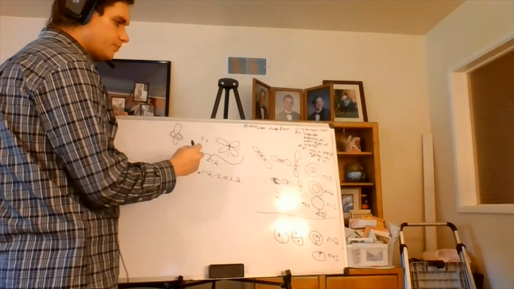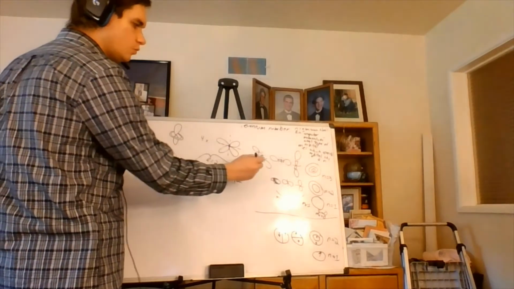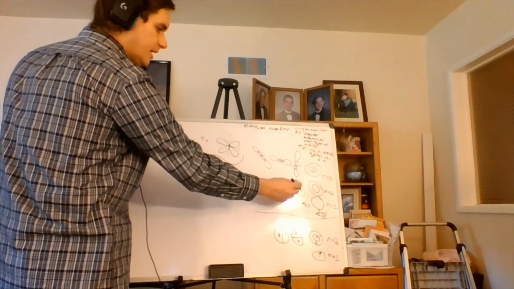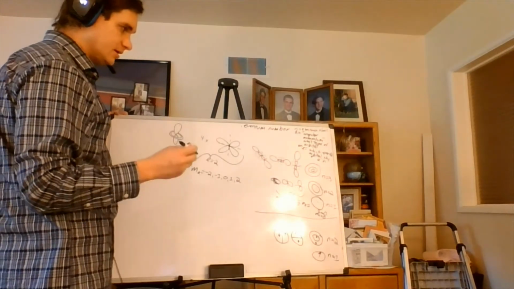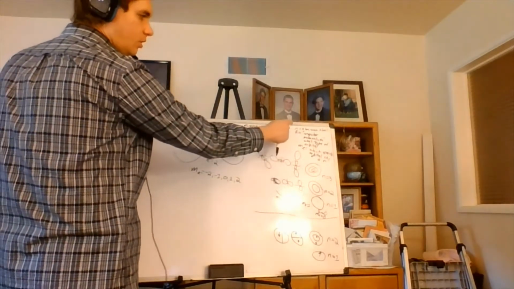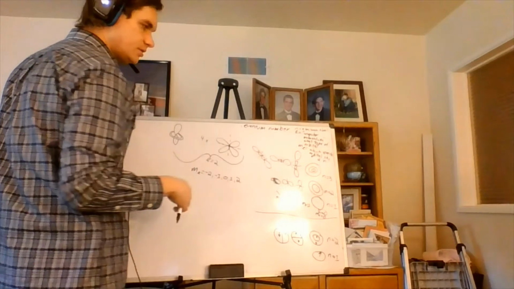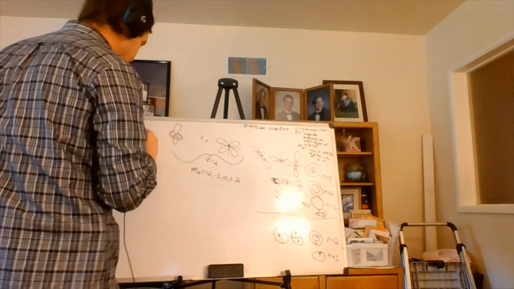And so, in order to say which of these orbitals a particular electron is in, we need all of these quantum numbers.